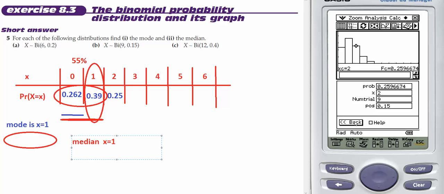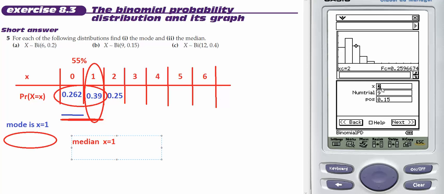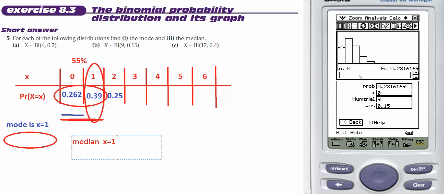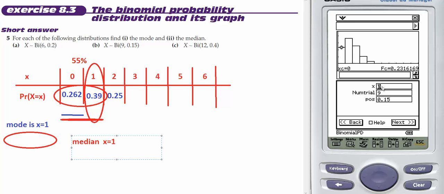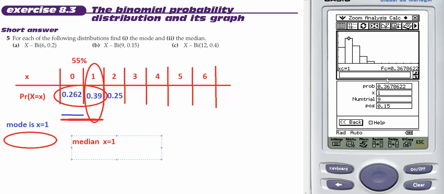If I put in a 0, 23% is in the zeros, so I haven't yet got up to the median. And I'll look at 1. 36% and 23% gave more than 0.5. So again, in part B, the mode and the median are both 1.